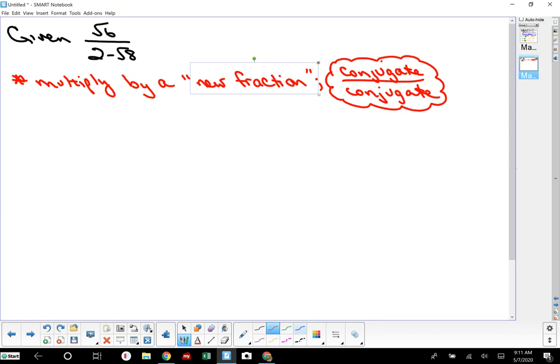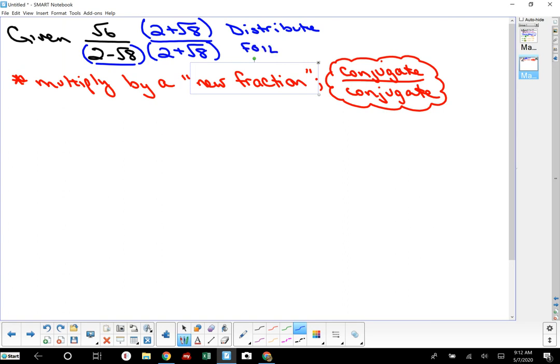So in this problem, the conjugate is the denominator with the middle sign change. So 2 plus radical 8, 2 plus radical 8. And then I mentioned last time, if you have 2 or more terms, you should put parentheses around them. So we're going to distribute on the top, FOIL on the bottom. If I distribute on the top, I get 2 radical 6, and then plus rad 48.